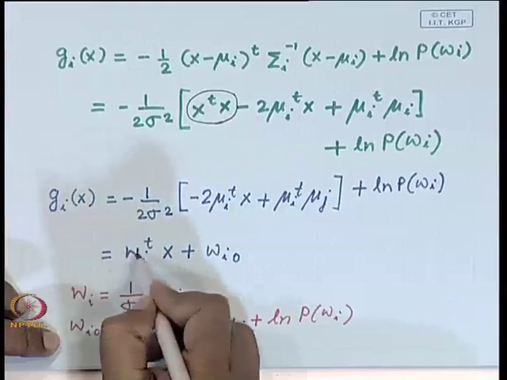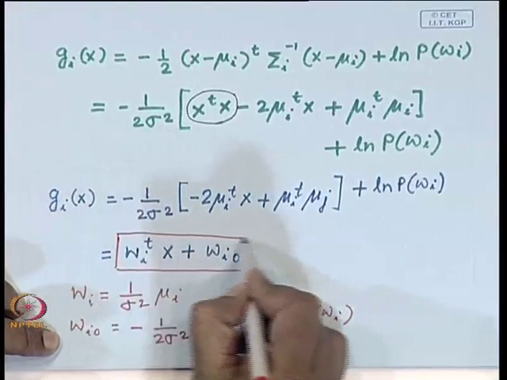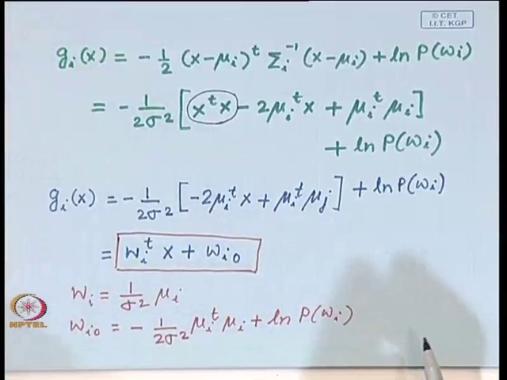So, if you look at this expression, finally we get the discriminant function g_i(x), which is w_iᵀx plus w_i0. This is nothing but a linear equation. So, in this simplified case, when the covariance matrices for all the classes are the same and of the form σ² times I, the discriminant function simply becomes a linear equation.